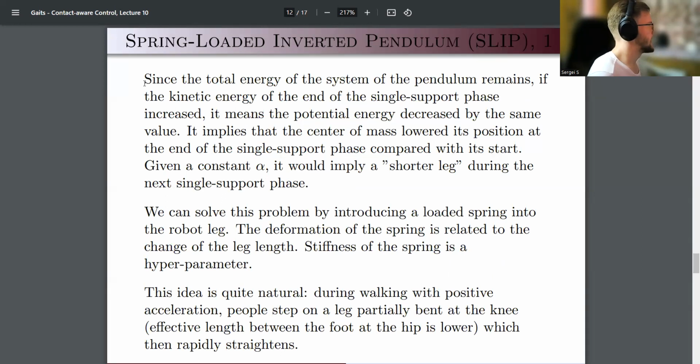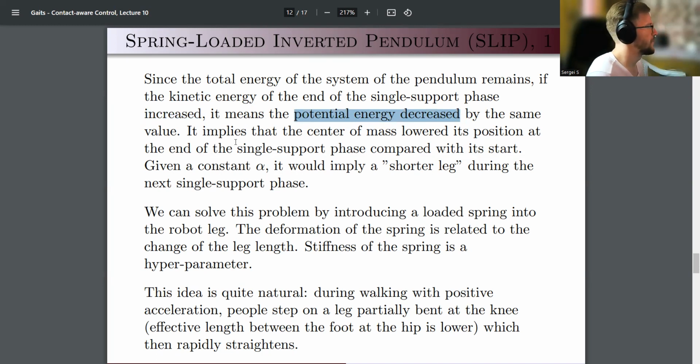Now, let's say the same thing, but in a more careful way. Since the total energy of the system is the same, right? It remains. That means if kinetic energy at the end of the phase increased, potential energy decreased, right?